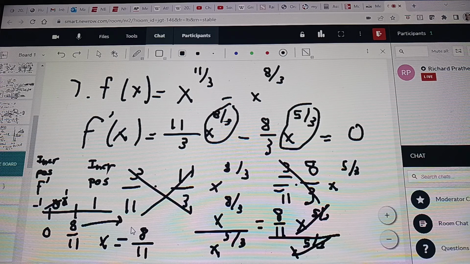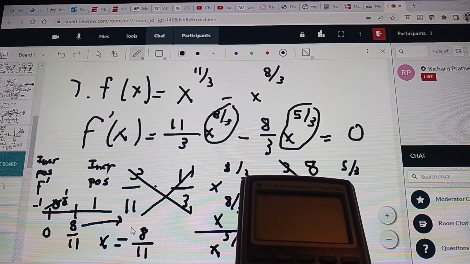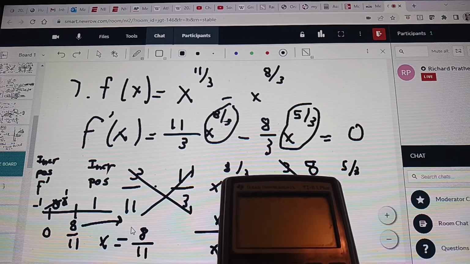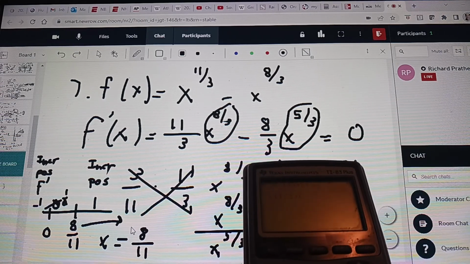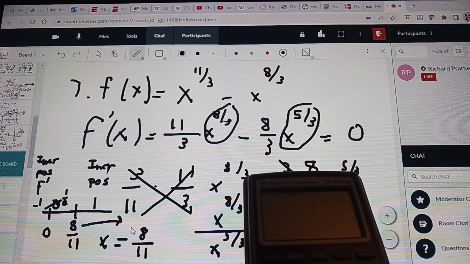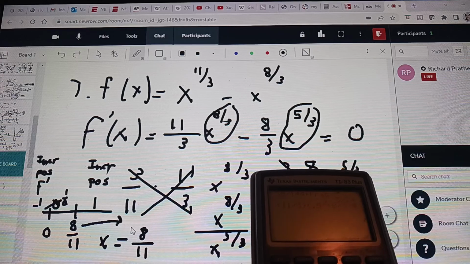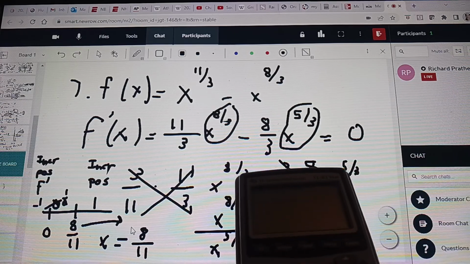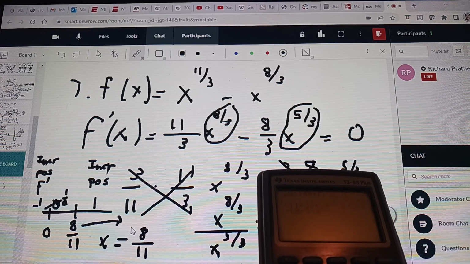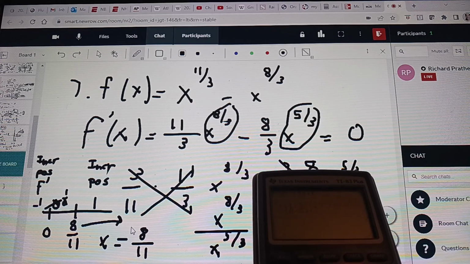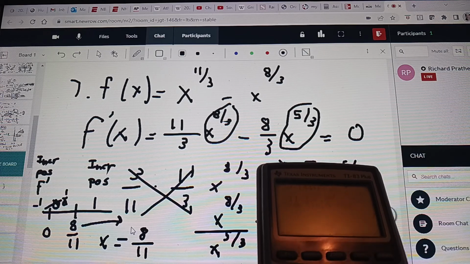Okay, so that's a little harder to do, but I could do this. 11 divided by 3, put that in parentheses, times, I'm going to plug in 0.5 for a half, raised to the 8/3 exponent, minus, parenthesis, 8 divided by 3, and then plug in 0.5 raised to the 5/3.